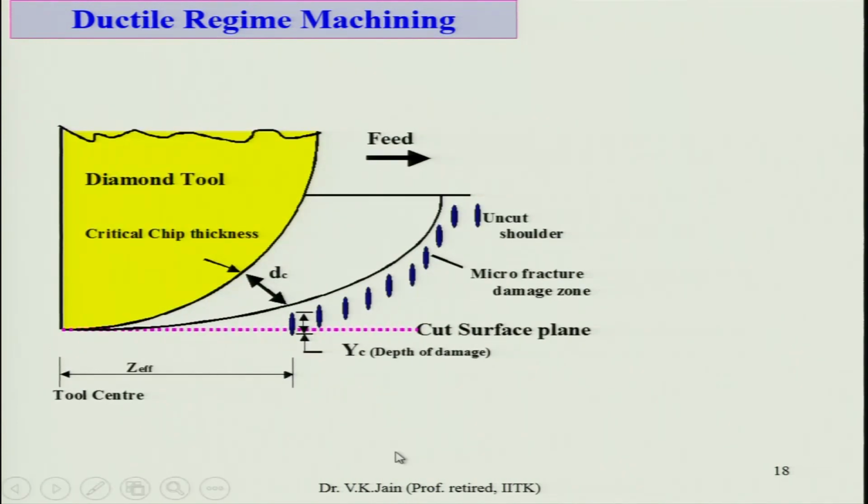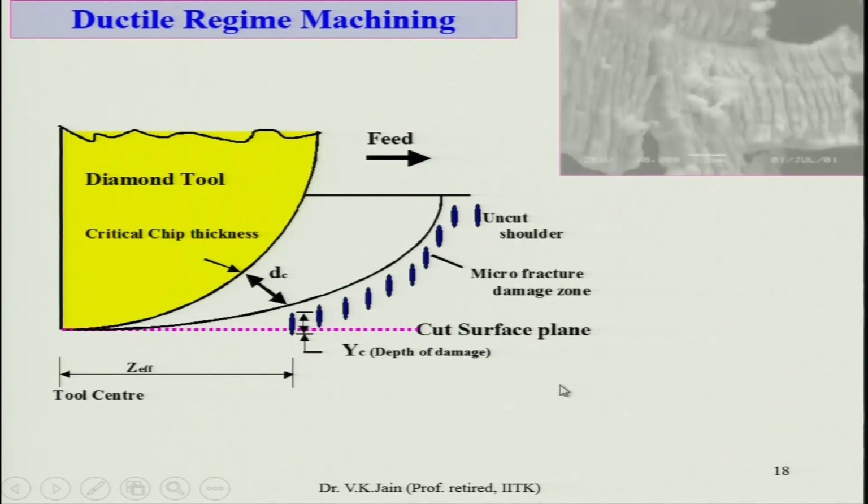Now, you can see here different features of the chip being formed. This is the depth of damage, and DC is the critical chip thickness. If the chip thickness is smaller than this, you further increase the resisting shear stress of the workpiece material. There is a micro fracture damage zone here and a shoulder.